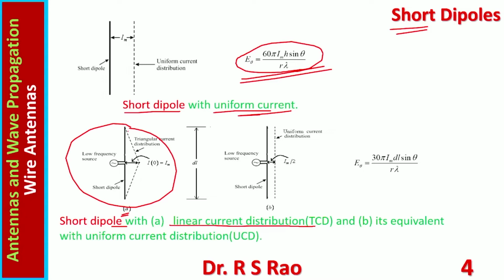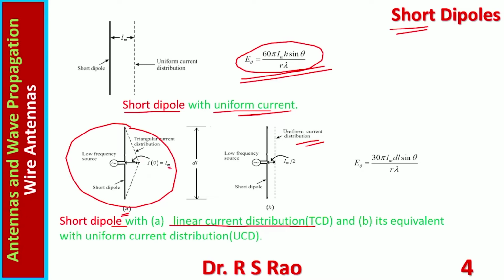For that, one simple technique is estimating the linearly varying current over the conductor with a uniform current distribution like this. The current over the dipole is 0 at the ends, maximum Im in the middle.